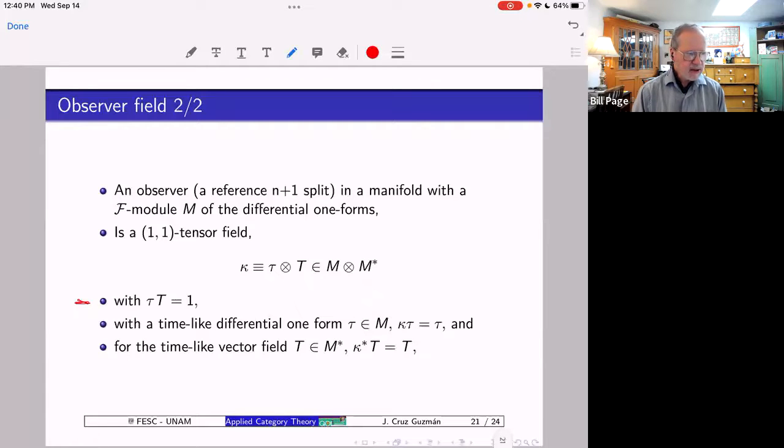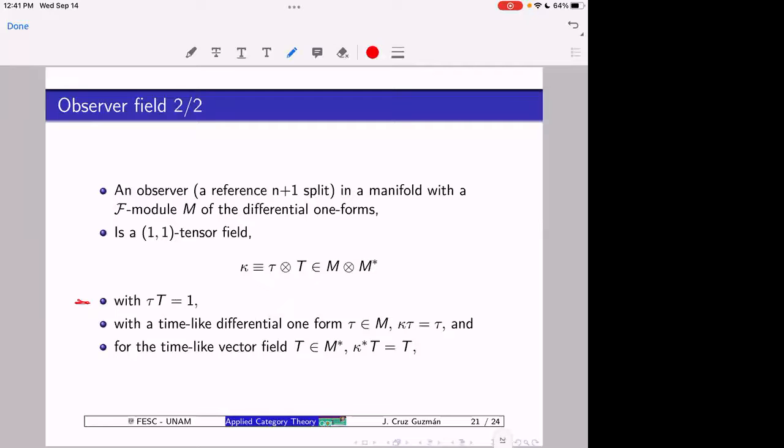I mean, because we can take the composition of endomorphisms as being related to the Clifford product. Well, that's right. The M is an endomorphism, and so is the M star. They're both endomorphisms.